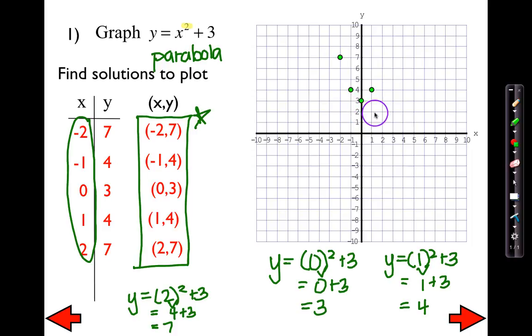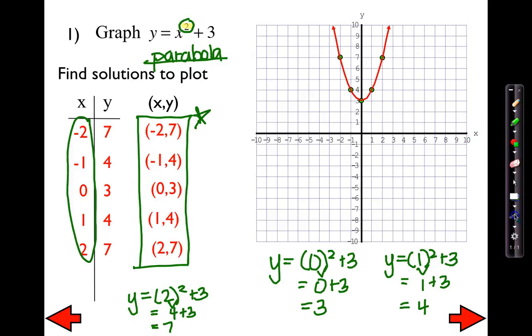Remember, since the degree is 2, I expect the shape of a parabola. I'm going to draw my graph. It's going to look something like this, in the shape of a parabola. And there you have it. I'm going to show you a cleaner looking version of this parabola. It will look something like that.